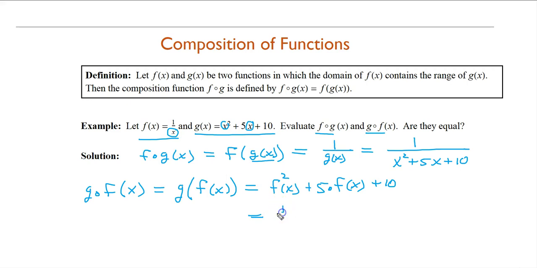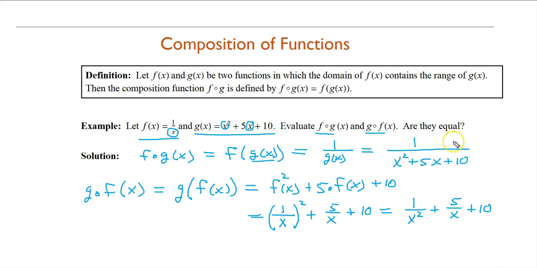So this is going to be 1 over x, the quantity squared, which is the same as this. Plus 5 times 1 over x, plus 10. And we could simplify that, and there we go, there is g composed with f.